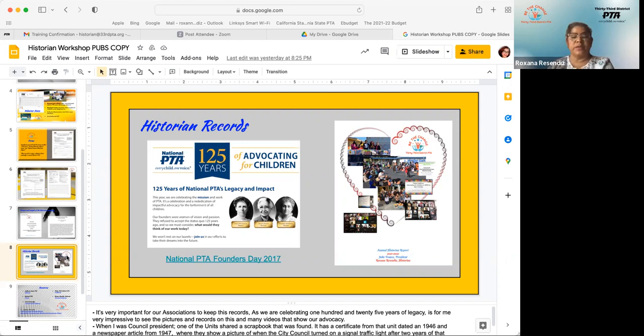When I was a council president, one of the units shared a scrapbook that was found. It had a certificate from that unit dated 1946 and a newspaper article with a picture of when the city council turned on a traffic signal light after two years of that advocacy.